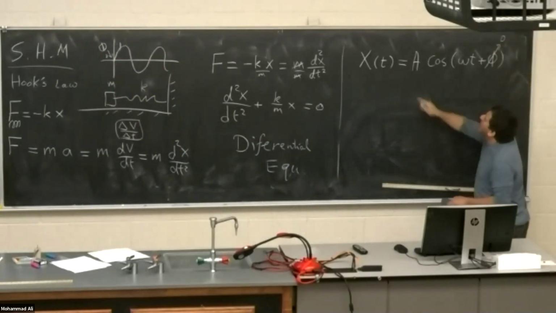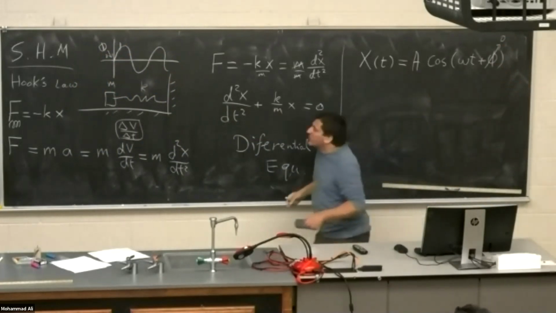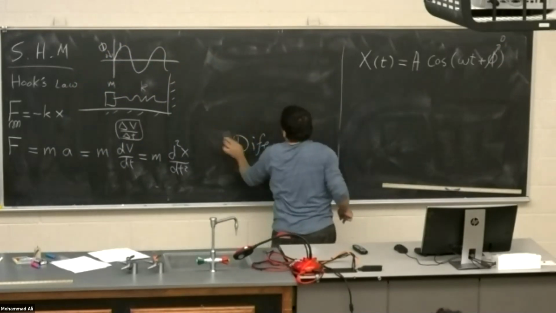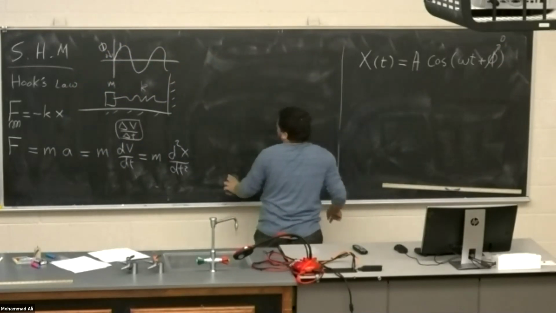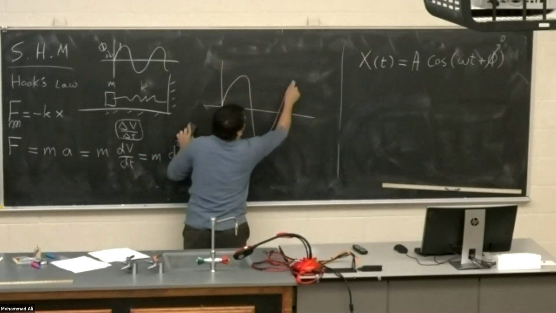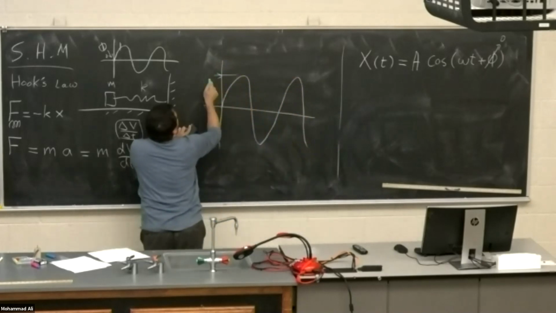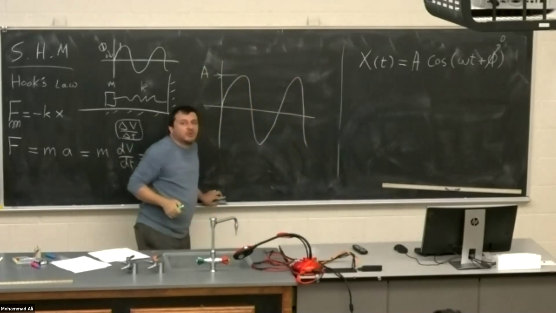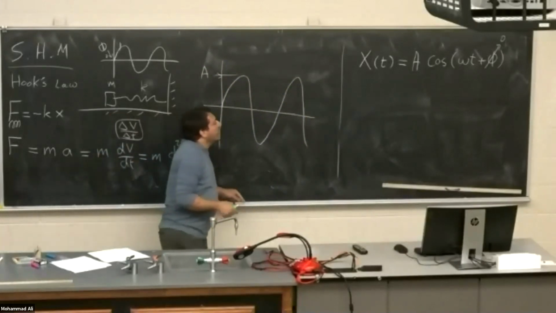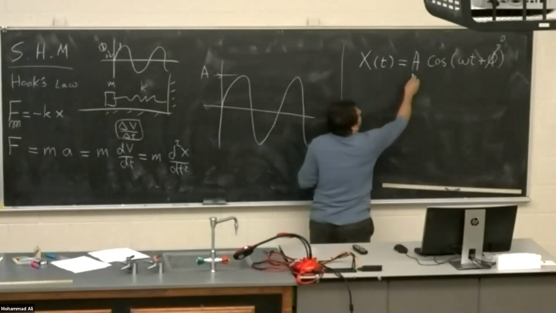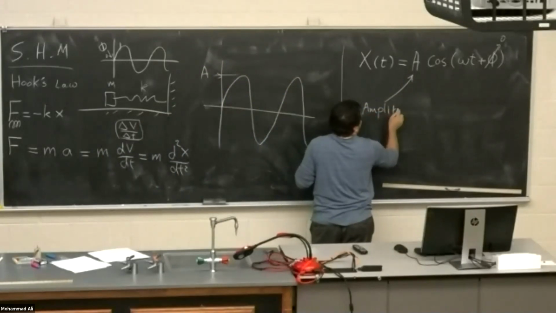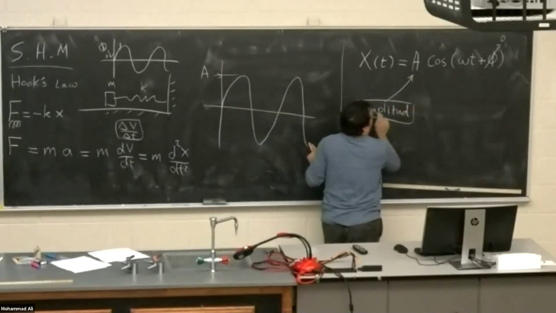Okay? What about A? We don't need all of these derivations. This is the way. This is A, which is the amplitude, the maximum displacement from the origin. What is omega?